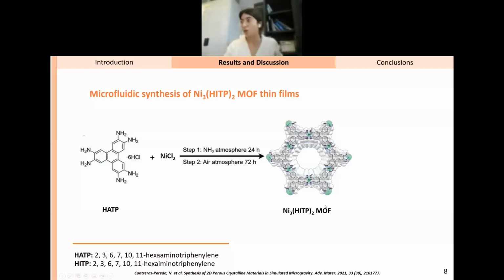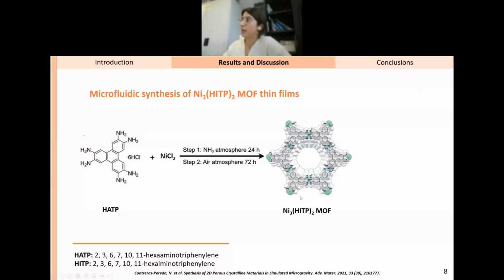Also, it has been shown to be a conductive MOF, but the way that they have synthesized and observed these properties are in specific conditions, like in vacuum or in an inert atmosphere, or under pressure, like in pellets, applying pressure. And also, there's not a way to systematically control the diffusion of the gases in bulk.